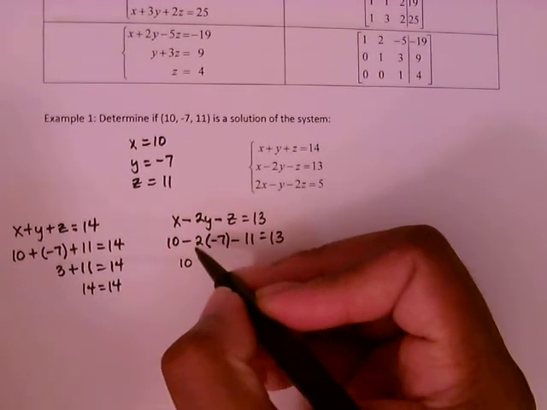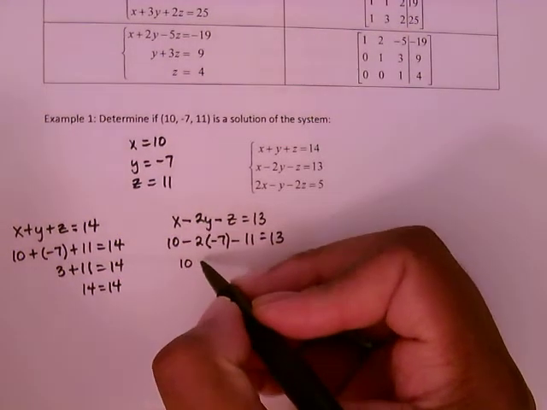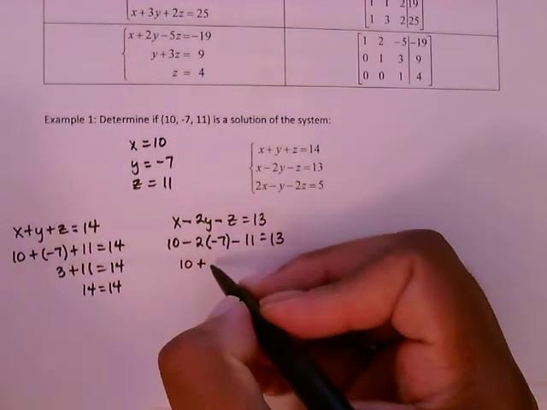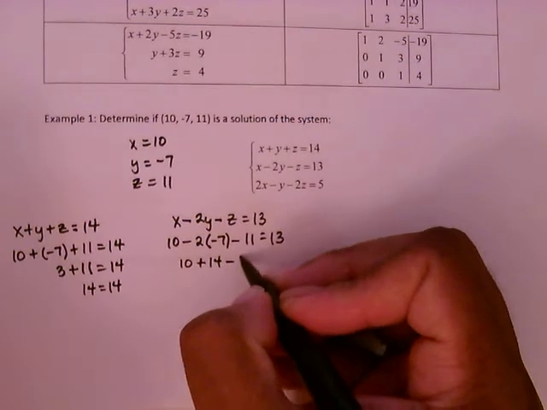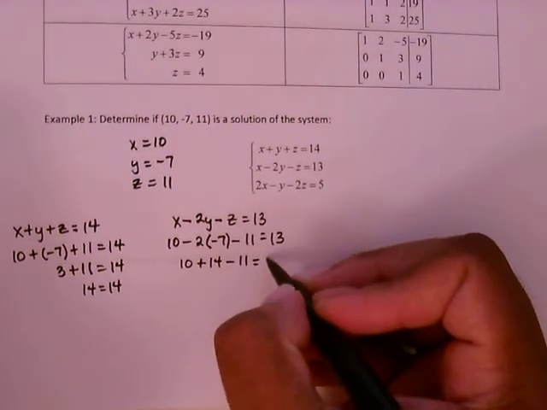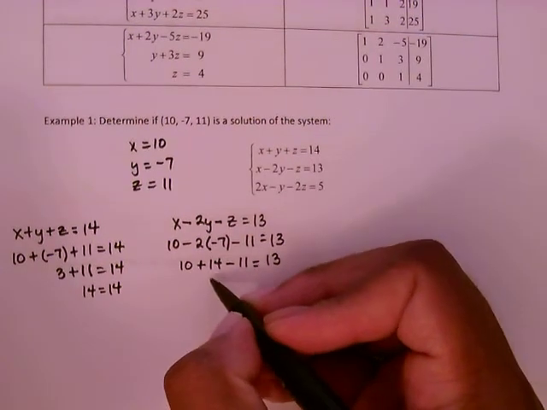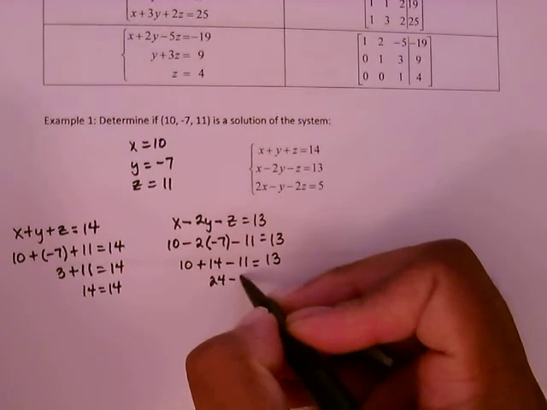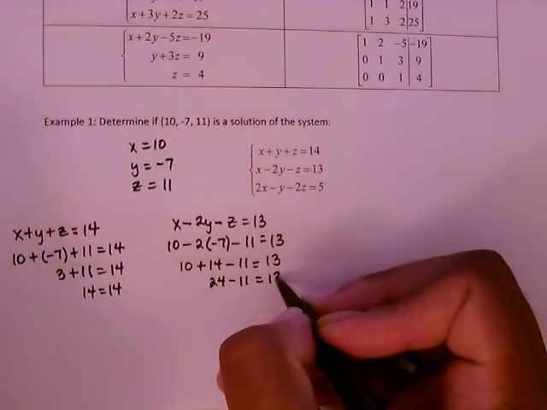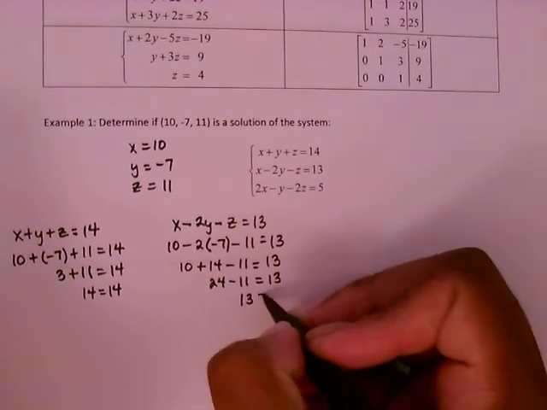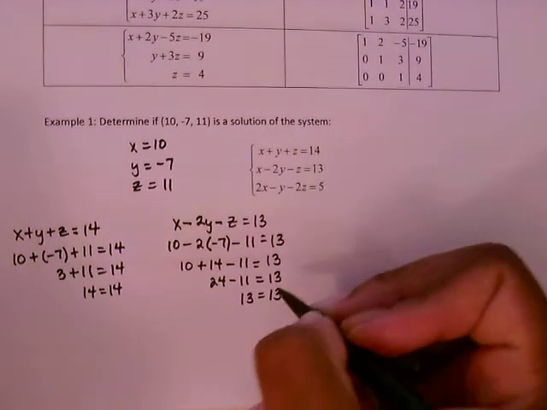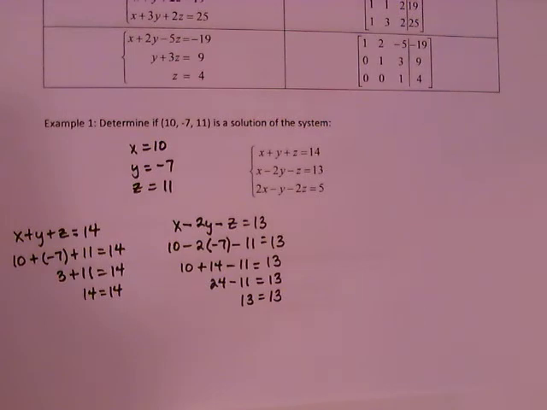Bring down the 10. Minus 2 times -7 would be a plus 14. So I get 10 plus 14 minus 11. That should equal 13. Add 10 and 14 together, you'll get 24. 24 minus 11 does give you 13. So we know the ordered triple satisfies the first and the second equation.